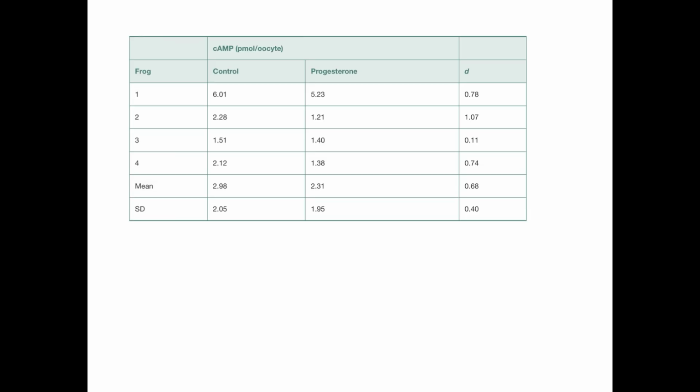And then here's what the data actually looks like. There are 4 frogs. That's 4 pairs of observations, where each pair represents measurements on the same frog, or on oocytes from the same frog, but under different conditions, the control and the progesterone conditions.